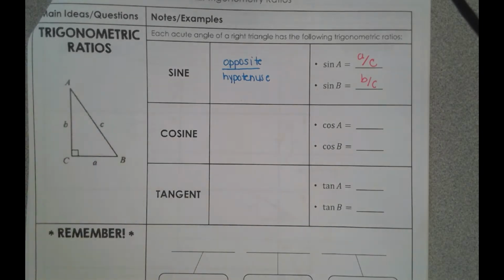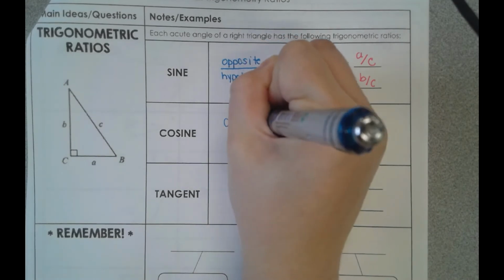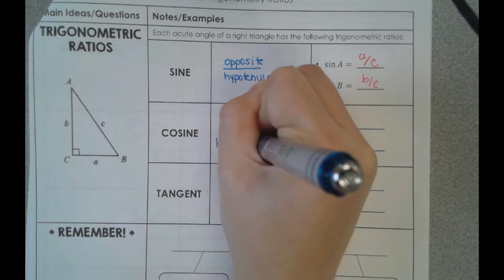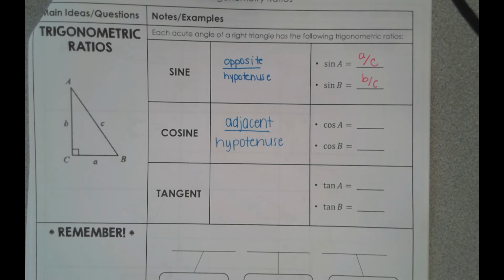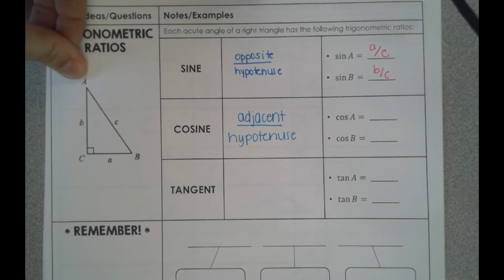All right. Cosine is adjacent over hypotenuse. So if we're talking about the cosine of angle A, which one would be the adjacent side?